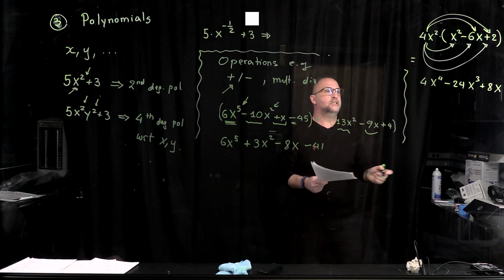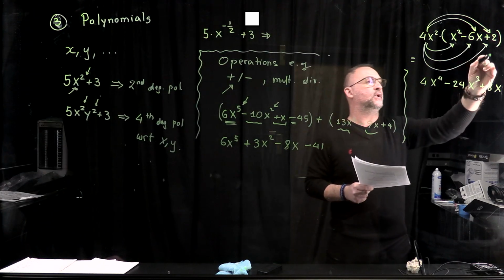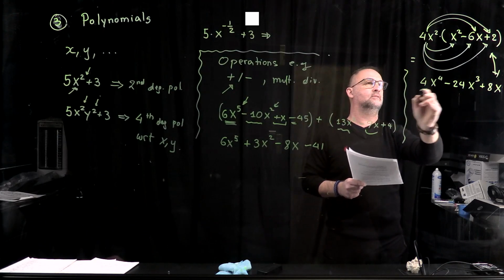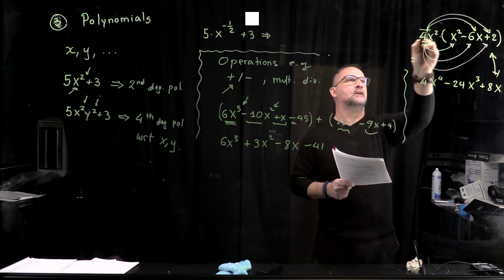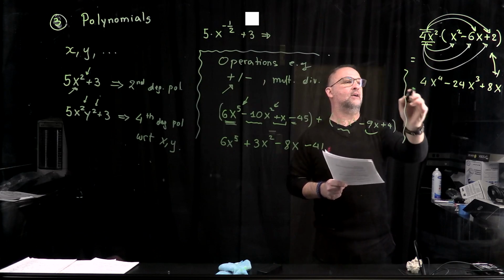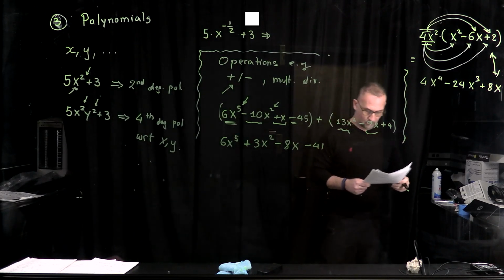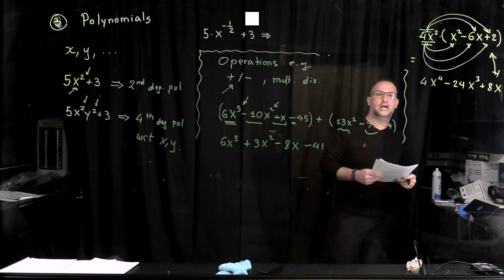And of course you can see that you can go back and forth between this form and that form just by factoring out. You can factor out 4x squared, and you're going to end up with this. So these are 100% equivalent.